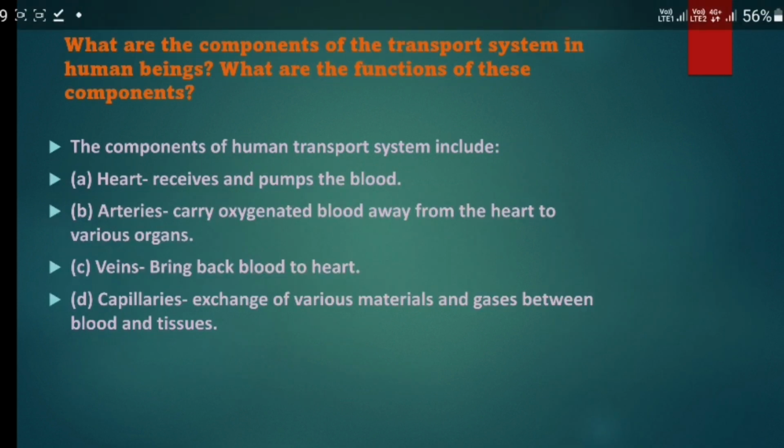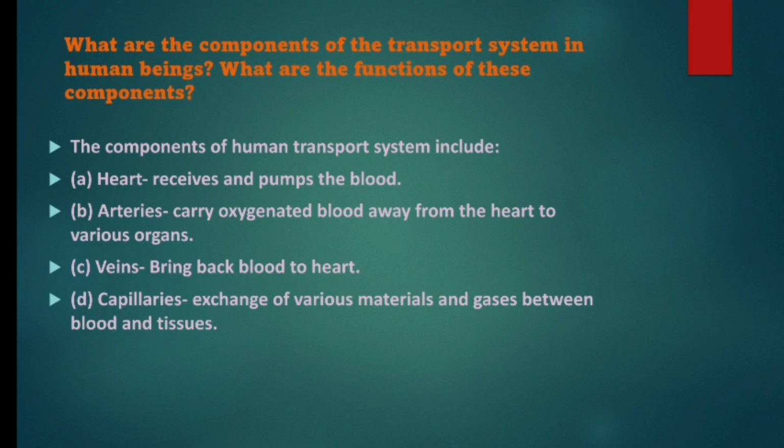Okay. Now, what are the components of the transport system in human beings? What are the functions of these components? Just now we studied the components of the transport system in plants, and now we are studying the transport system in human beings. The components are the heart, which receives and pumps the blood.